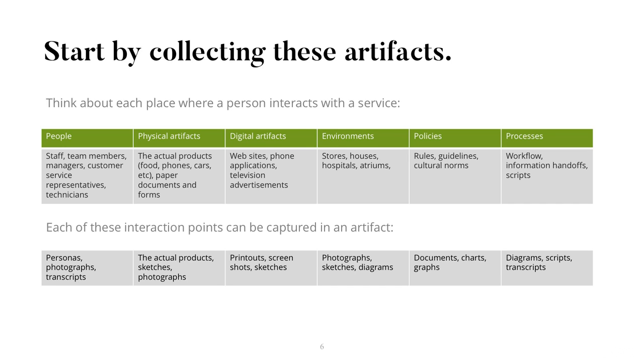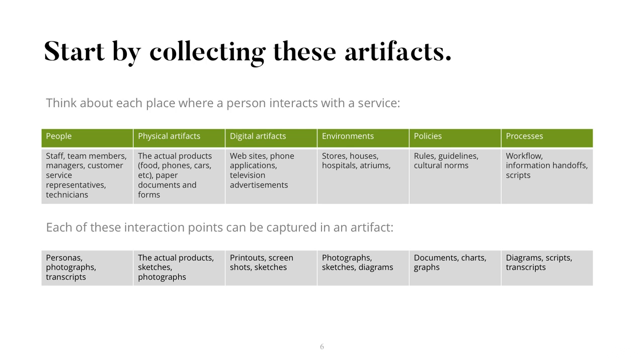And each one of these interaction points has a corresponding artifact to it. We typically can't collect people, that doesn't make a lot of sense, but we can collect personas or photographs of people. We might have transcript data that describes a person in some degree of detail, and so we can leverage those artifacts as proxies for the actual person. And the same is going to be true for all of these items.